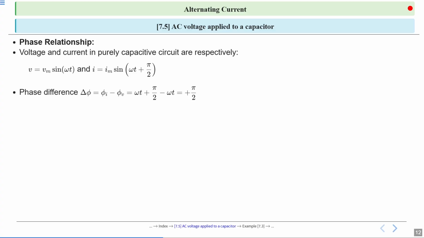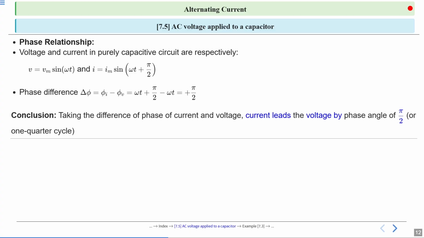In the case of an inductive circuit, it came out to be minus pi by 2, meaning current lags behind the voltage. Now in the capacitive circuit it is plus pi by 2, meaning current leads voltage by a phase of pi by 2. It is opposite to the case of the inductor.